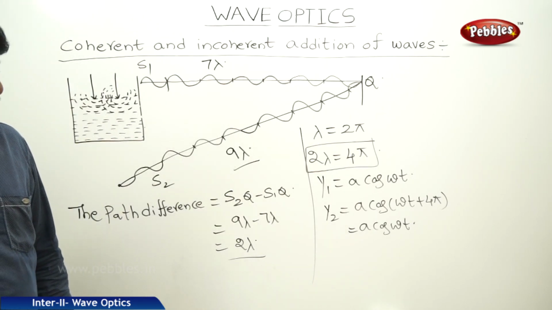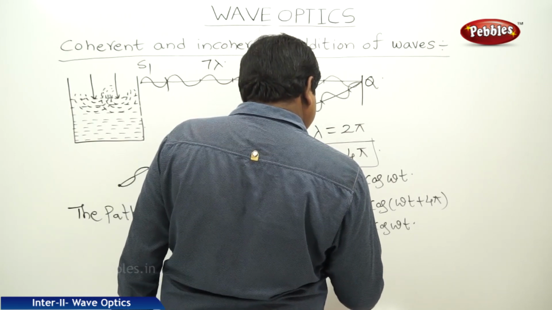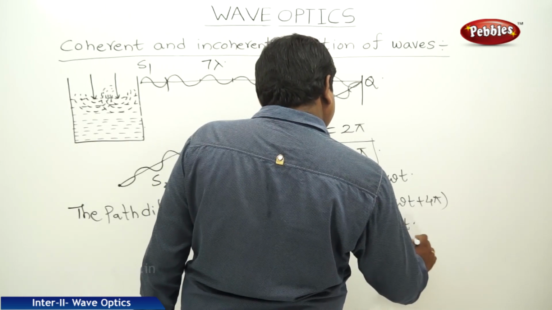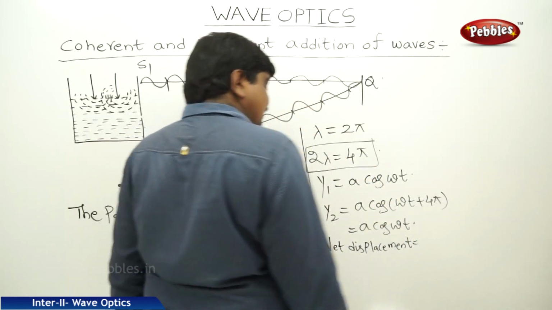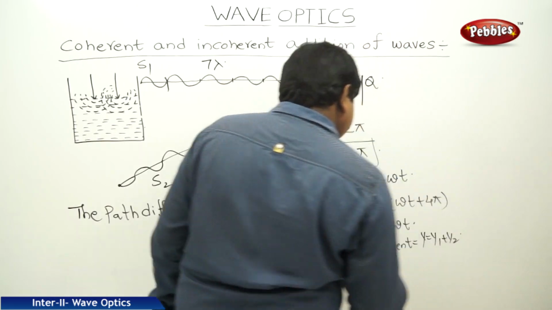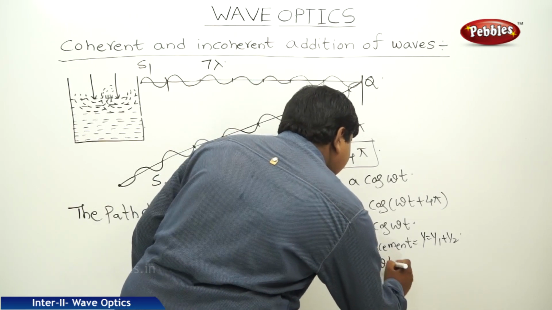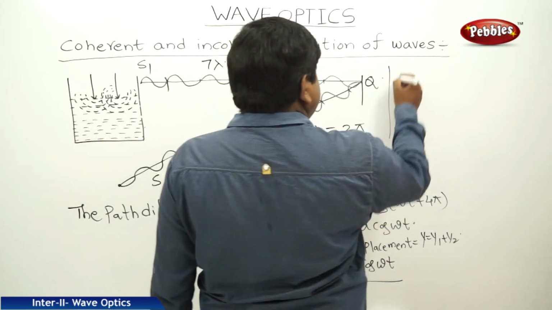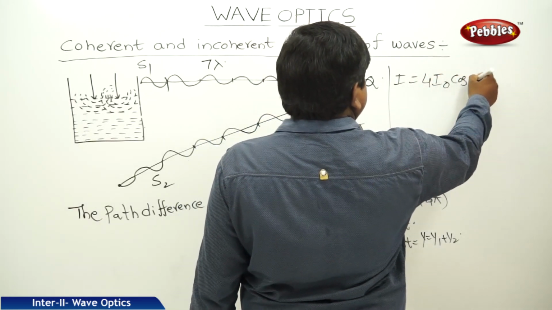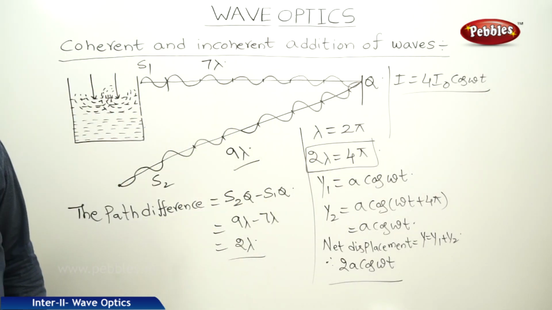The net displacement y is equal to y1 plus y2, which is 2a cos omega t. Therefore, intensity is equal to 4 I0 cos squared omega t.